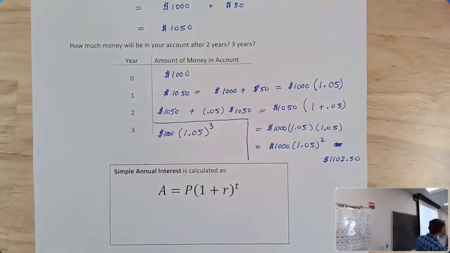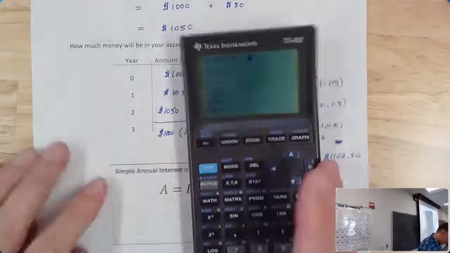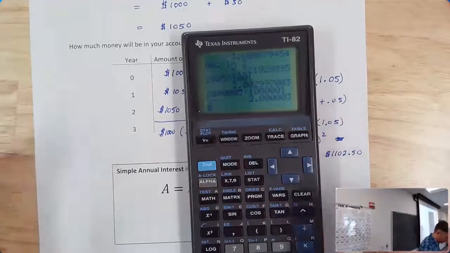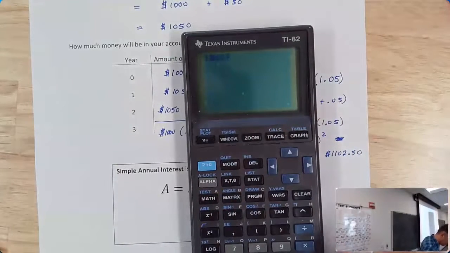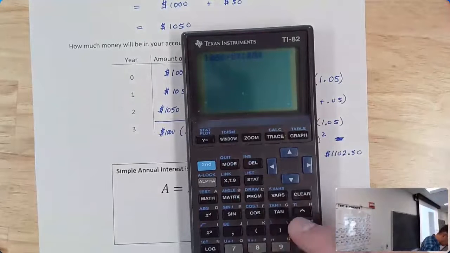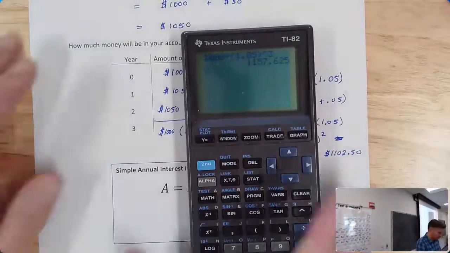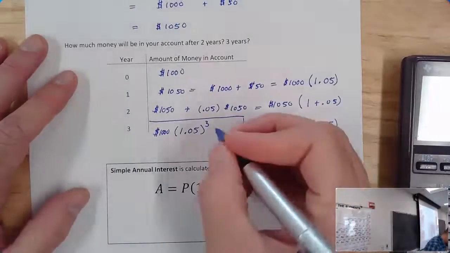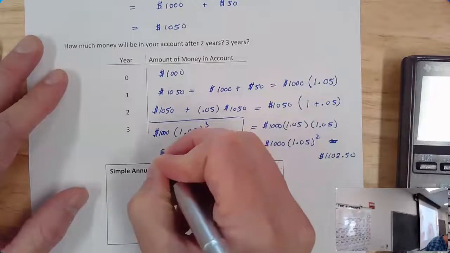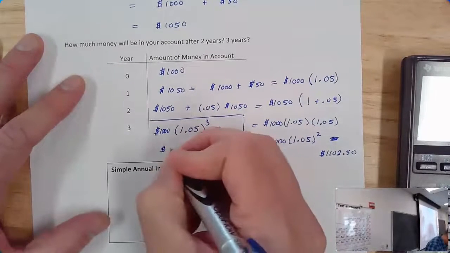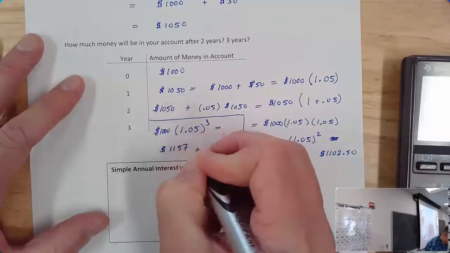I think it's like $1,155. Let's see here. So we have 1,000 times 1.05 to the third power. We get 1157.62. You guys can barely see that, but it is $1,157.62. Yes, I know we don't get a half a cent, but we're going to write it down anyway.